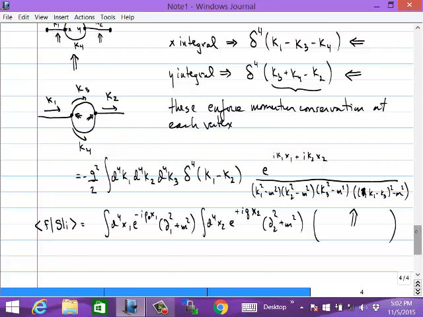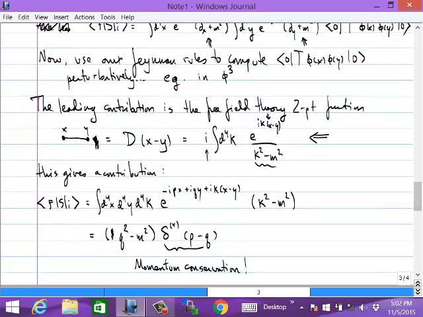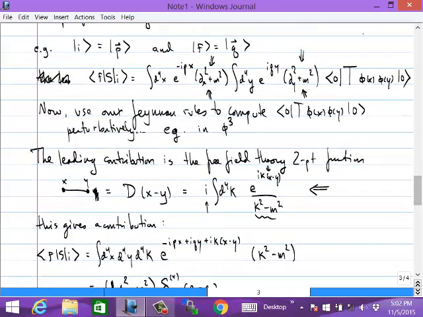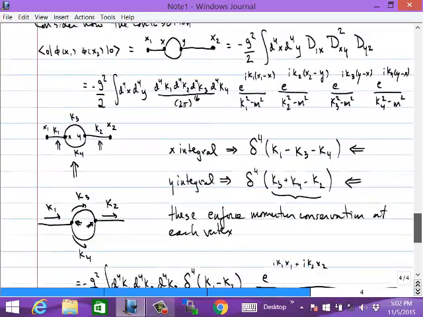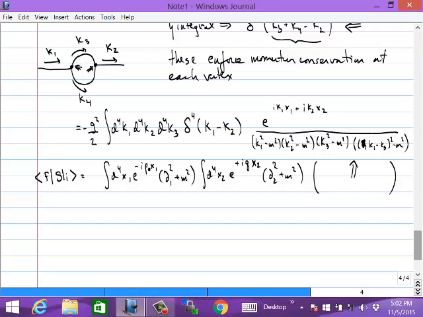So previously, what I'd called x1 and x2, I'd called x and y here. So I'm just reusing this formula right here, except that I called x and y the external positions, and I've renamed them x1 and x2 in the computation below. Okay, great. So now this is pretty straightforward, because when you take this (∂1² + m²), you act on that guy, you get a minus k1 squared plus m squared, which cancels this denominator.